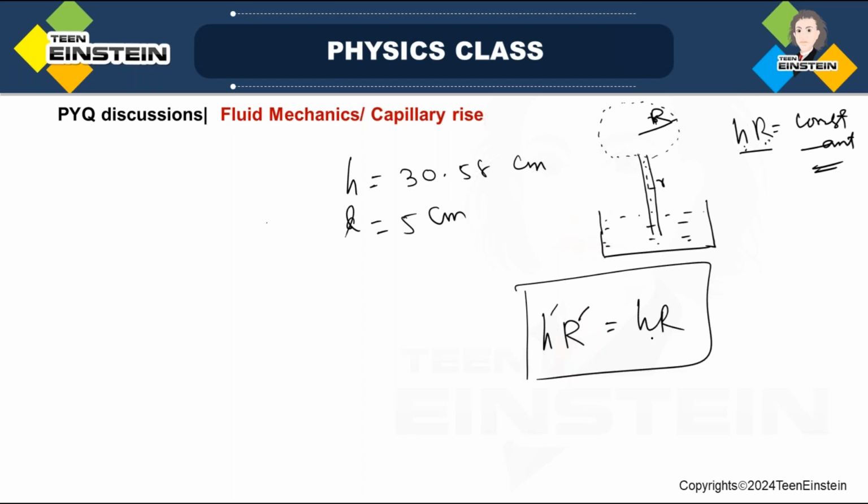That means in the normal case, if the capillary length is more, then h into R is constant, and if the capillary has less height, in that case also the radius will be adjusted in such a way that h prime into R prime remains constant.